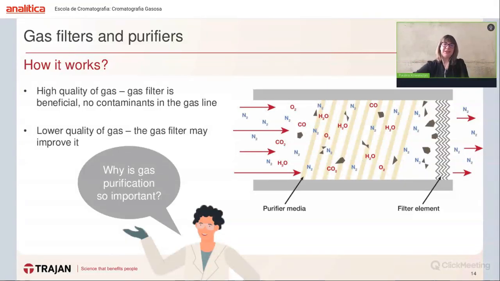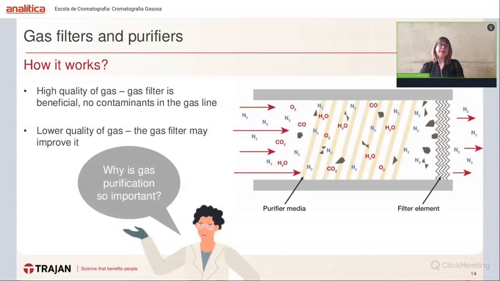So, a little bit shortly about how our filters work. Here we've got a diagram of the gas flowing through the filter, through the media. We've got nitrogen gas with various contaminants such as oxygen, carbon dioxide, carbon monoxide, some particulates. The gas with contaminants is flowing through the media and it's being filtered out.